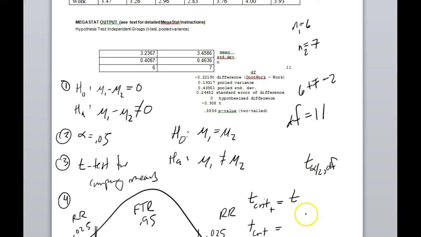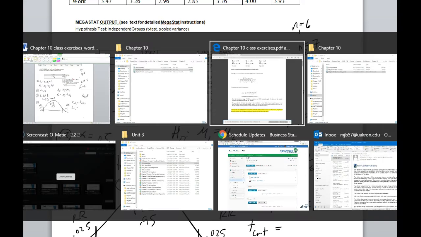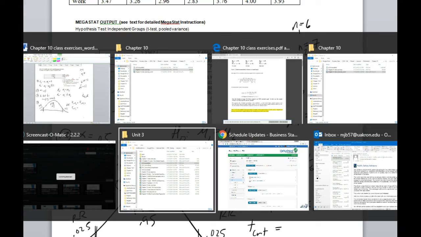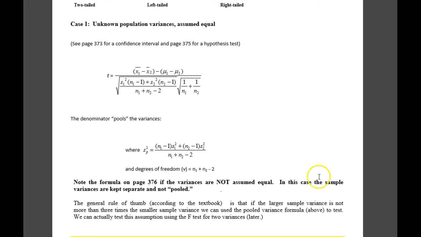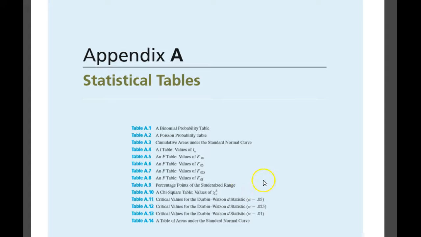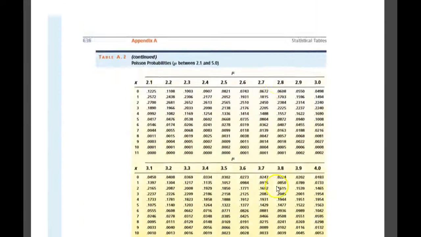And our alpha half is 0.025. So 0.025, 11. So we're going to look in our table. Where is our table? Oh, it's here. Let's look in our table, T table.